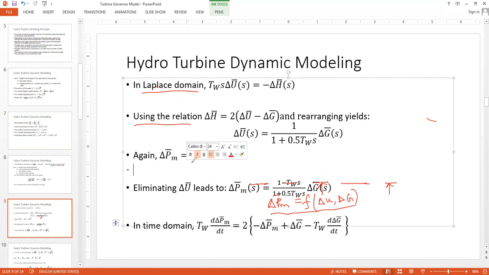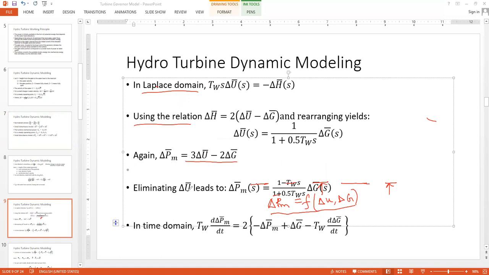You get the expression here, and then you eliminate del u, because we need del pm, d del pm by dt. We want that expression. So we replace all the presence of del u, and del u can be replaced in the form of del pm and del g.